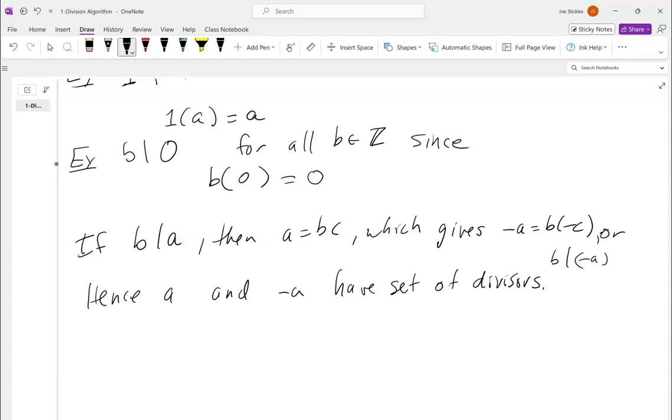So the reason I wanted to mention that is because if you have units, you tend to ignore them in the factorizations, because I can always divide them out. Anyway, we know that the positives and the negatives have the same set of divisors, so that's not any big deal. Which would also mean that they would have the same set of positive divisors, and so when we get there, they would have the same set of prime divisors.